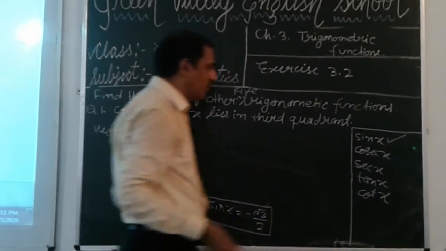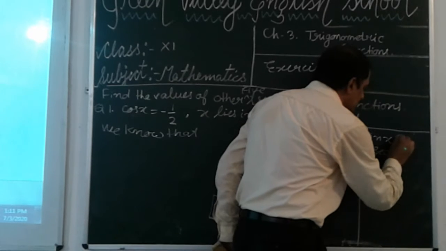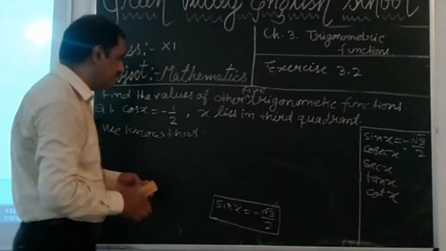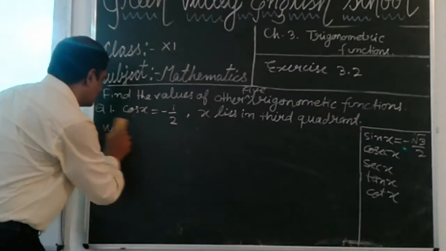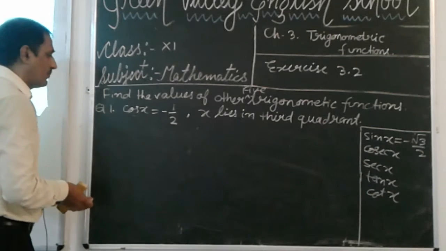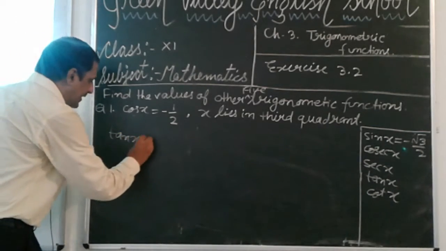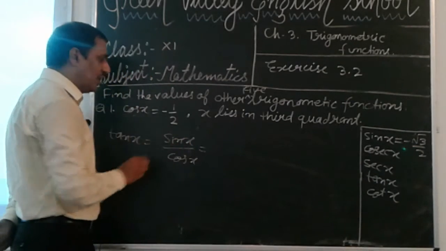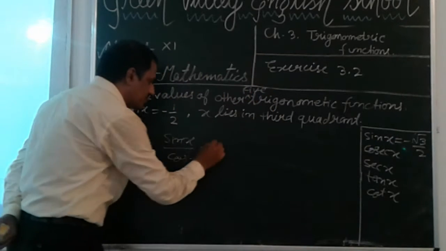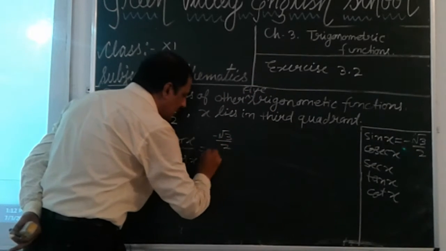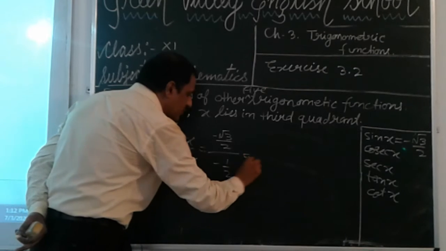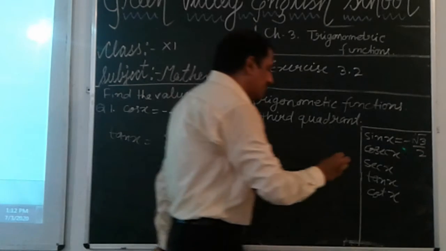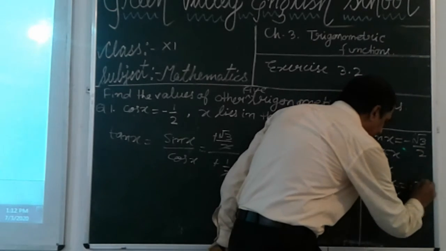Sin x is minus root 3 by 2 and cos x is given, so minus root 3 by 2 upon minus 1 by 2 is equal to root 3. This will be cancelled.